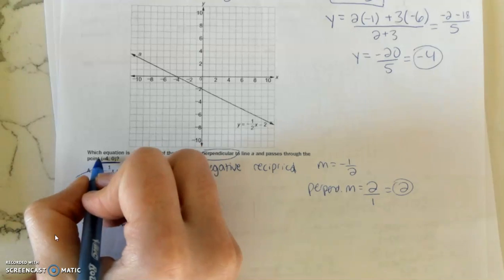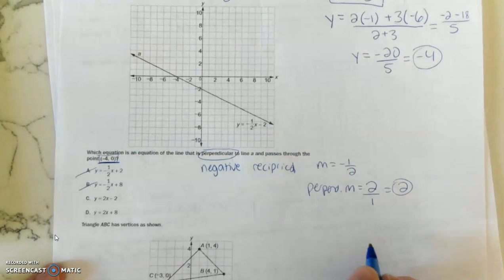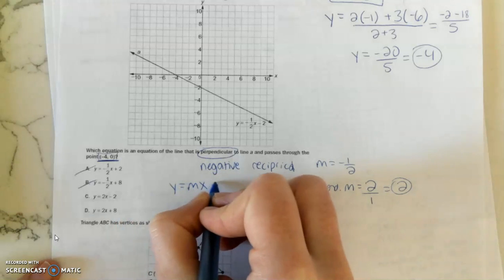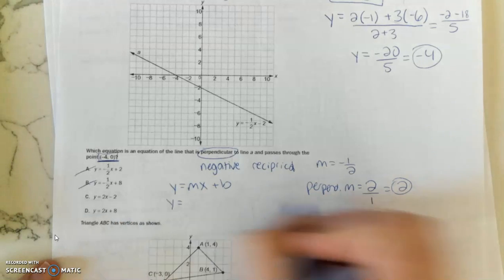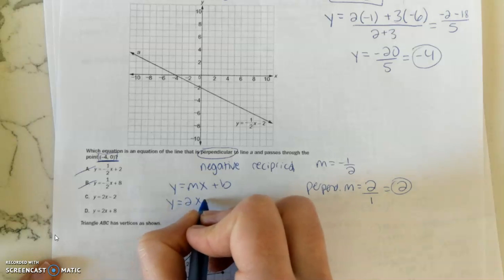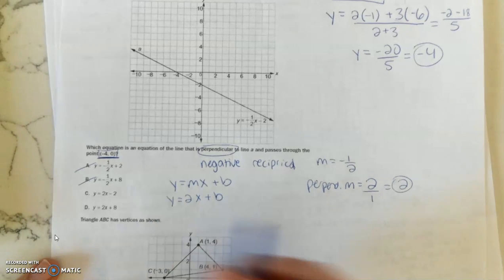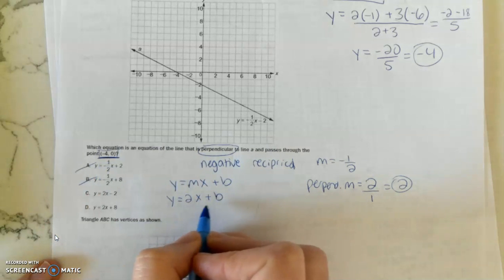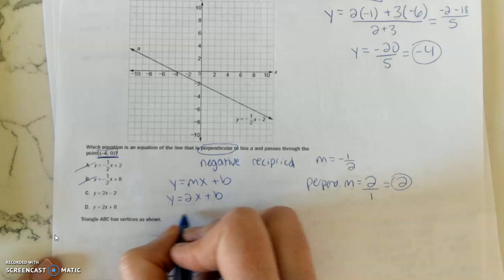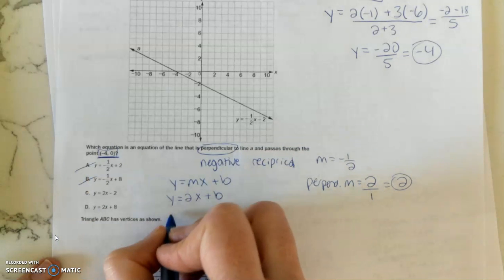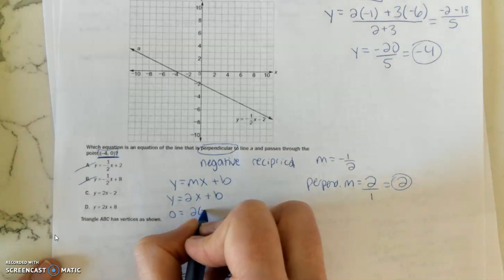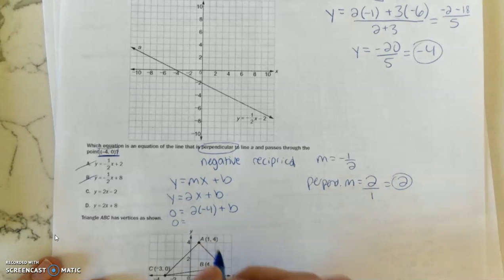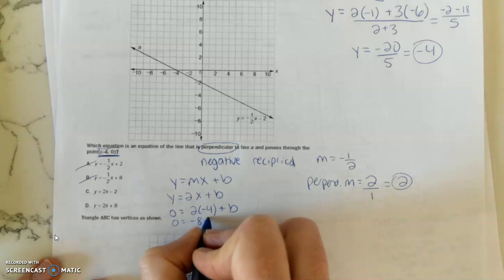Now we also know that the line needs to go through the point negative 4, 0. A line is y equals mx plus b. I know my slope has to be 2, so I need to figure out my b. Let's plug in negative 4 and 0 here. So my x value is negative 4, and my y value is 0. Let's solve for b. 2 times negative 4 gives me negative 8.